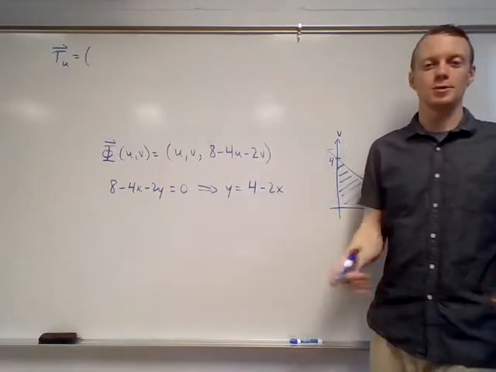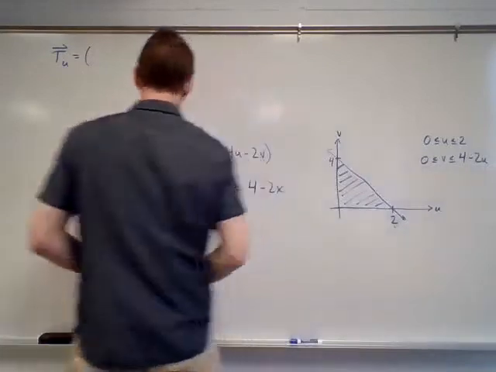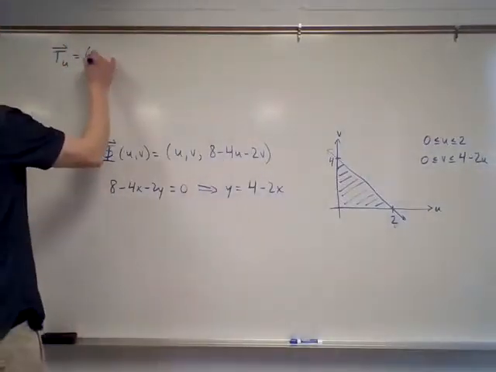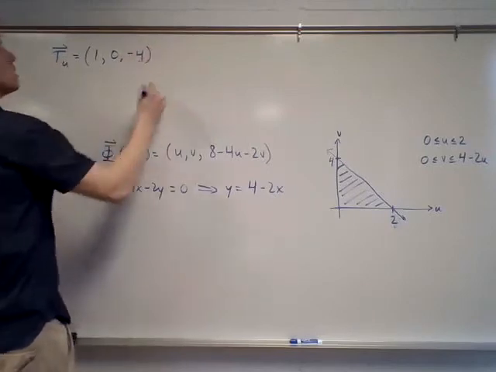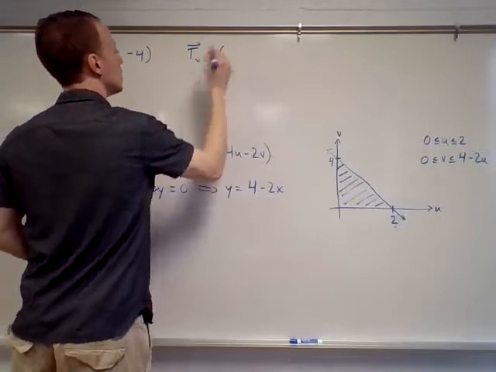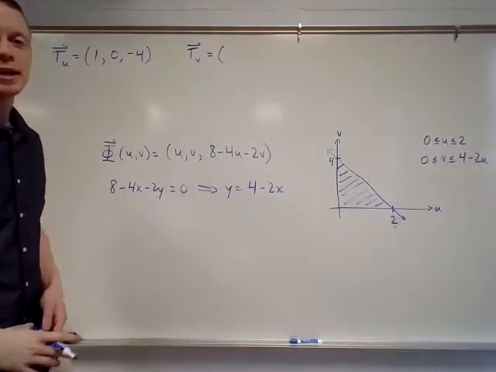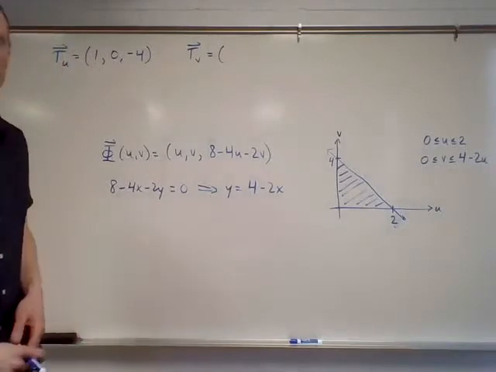We find that all entries in both these vectors are just going to be some constants. The partial with respect to u is 1, 0, negative 4. The partial of capital phi hat with respect to v here is going to be 0, 1, negative 2.